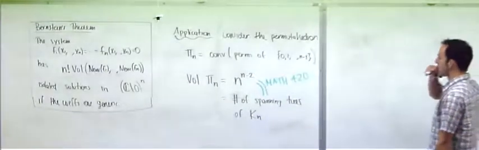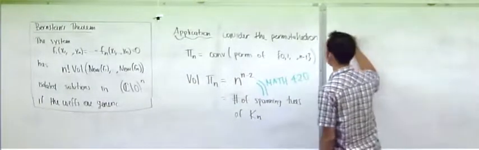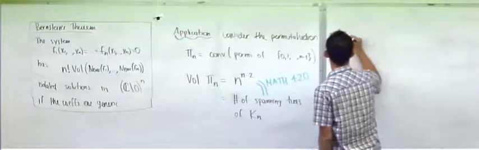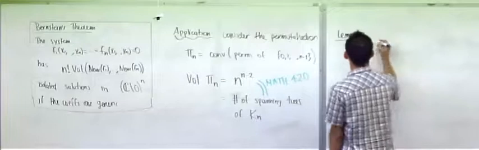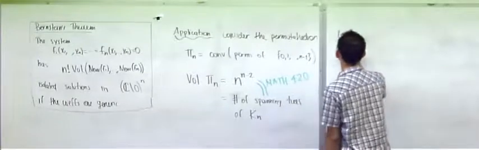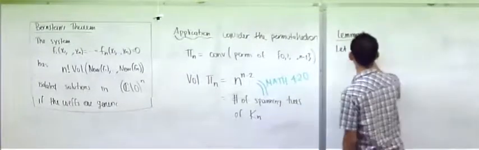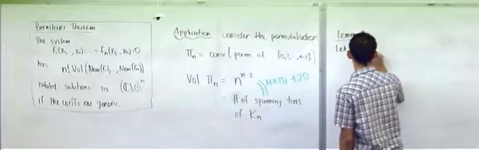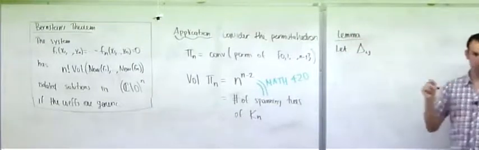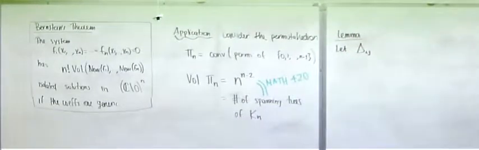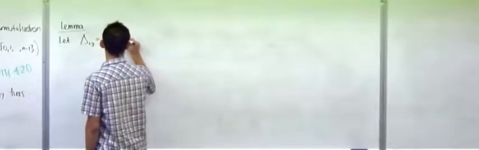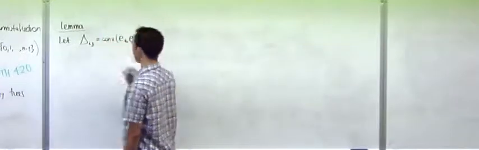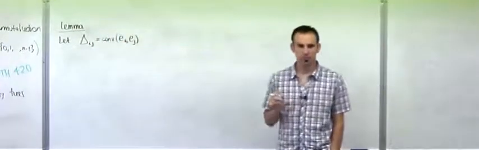So here's a lemma. Let's define delta ij to be just the segment between the unit vector ei and the unit vector ej. Okay, so it's just a line segment.